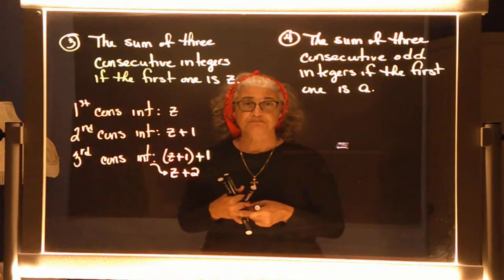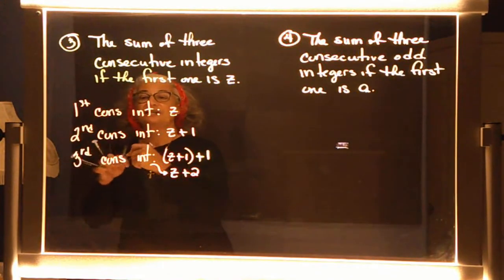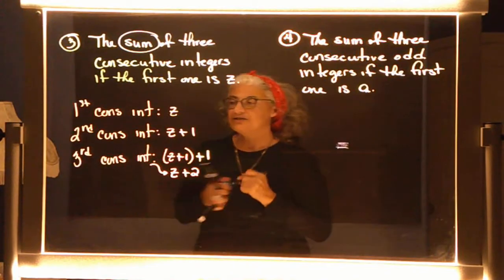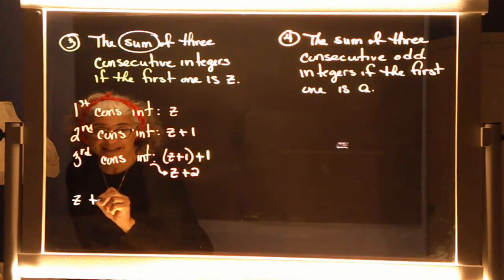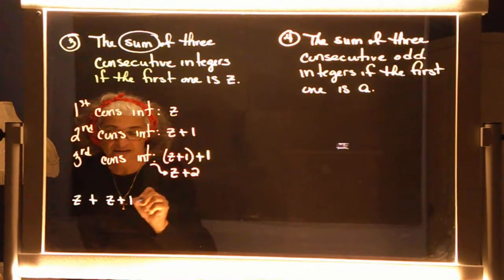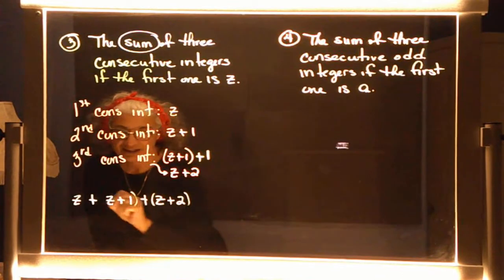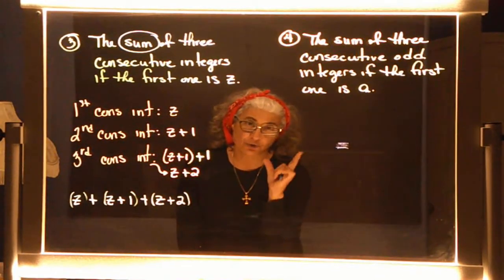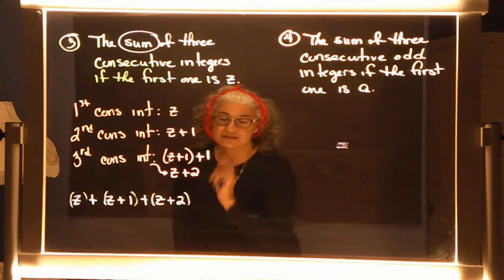Are you with me? Okay, now they wanted the sum of these, right? So I'm going to take the first integer, add it to the second one, add it to the third one. And technically, I should put these all in parentheses to keep them grouped together in my mind. This is the first one, added to the second one, added to the third one.